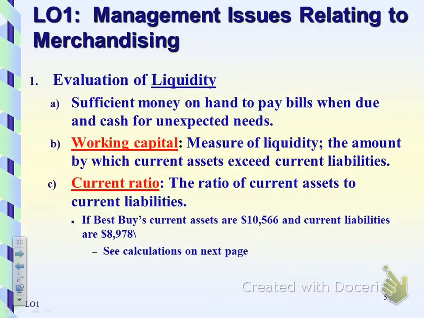In the evaluation of liquidity, we want to make sure that our business has enough money on hand to pay their bills when their bills are due. They also need to be able to address any unexpected events that might arise.